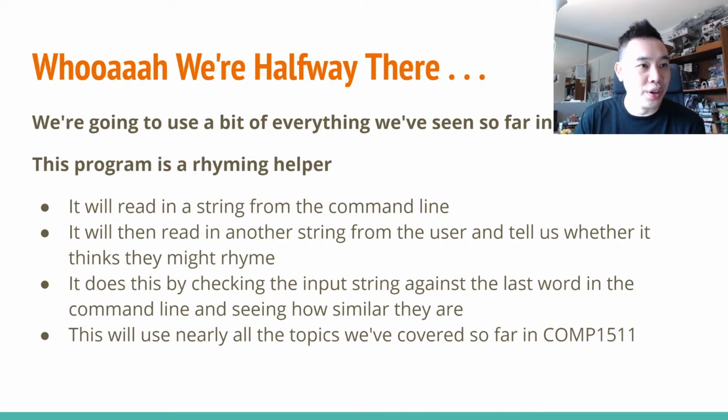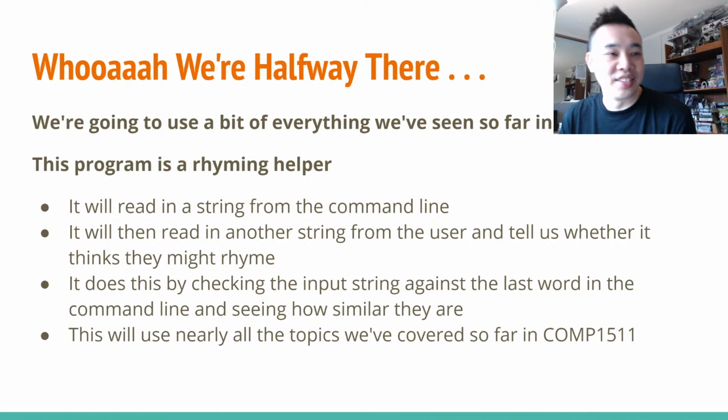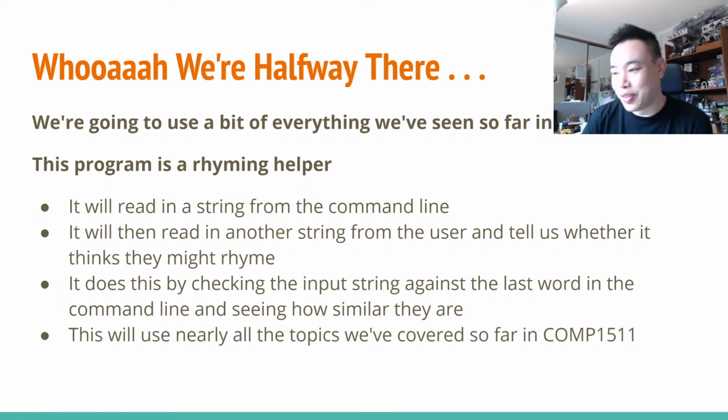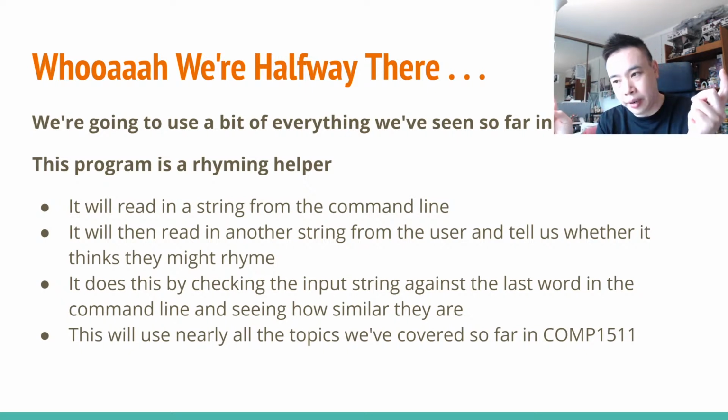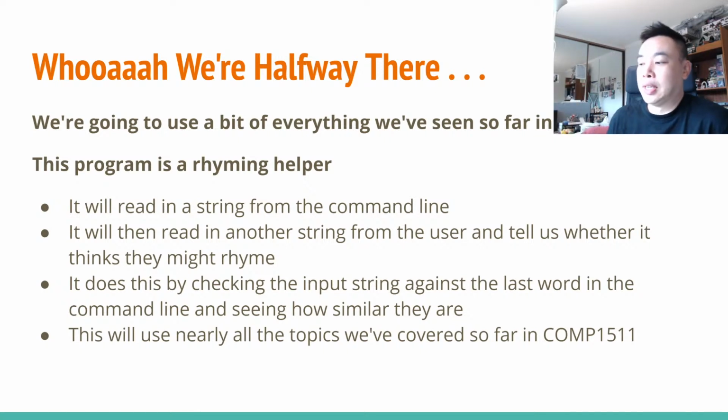And because we've only got 60 minus 10 minutes, 50 minutes to do that, I'm just looking at the clock over there, we're not going to do this very well, but we're still going to see a lot of programming concepts. We're going to check the string that we input. We're assuming that the command line thing is a whole line, and we're checking multiple different words that might rhyme with that particular line.